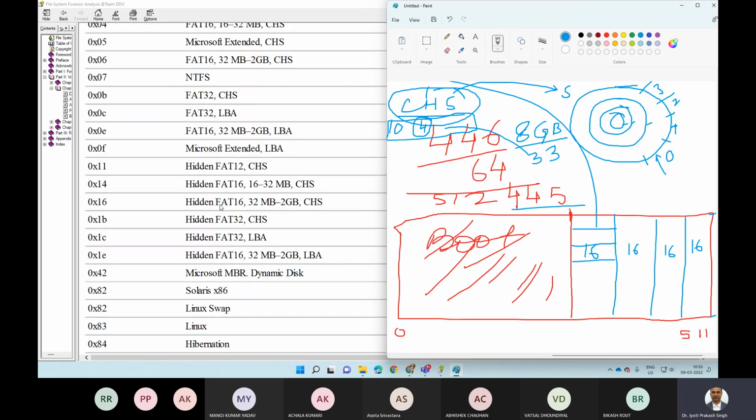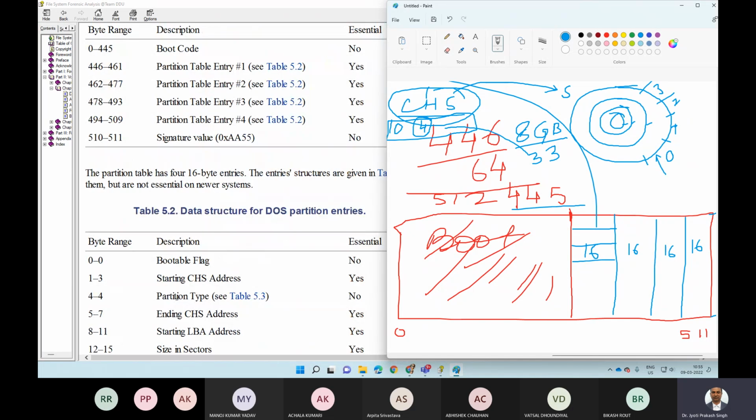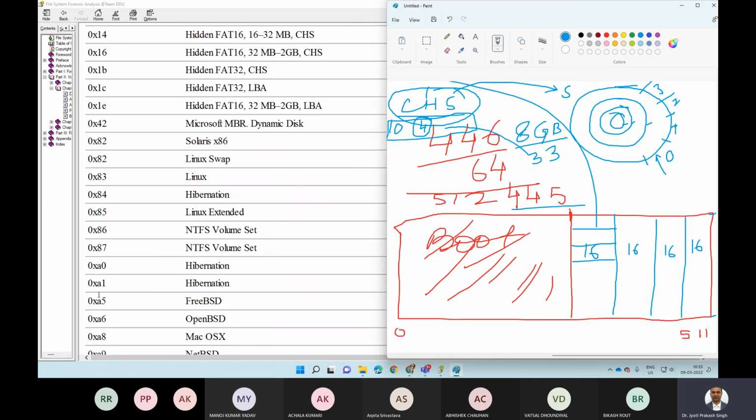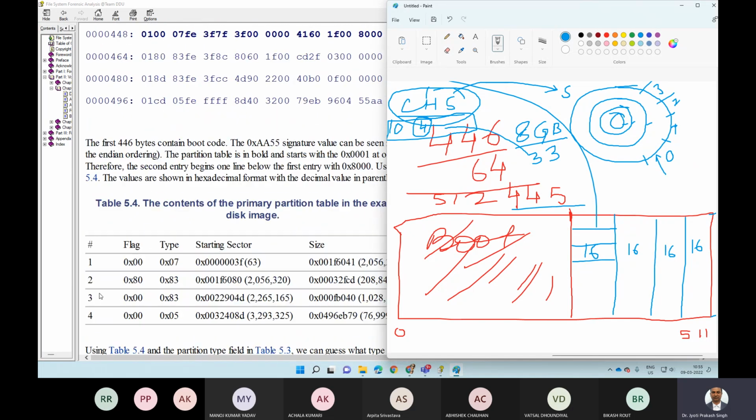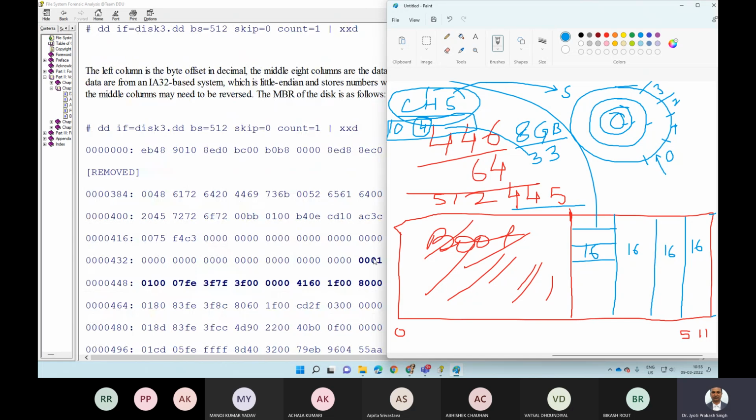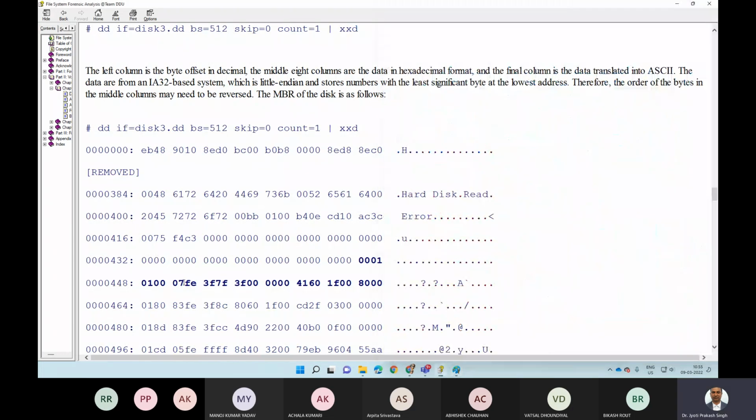Then the next entry is the partition type. The fourth entry is the partition type, because first there are 1, 2, 3 entries. This is the partition type, 07. Now 07 represents a partition type.